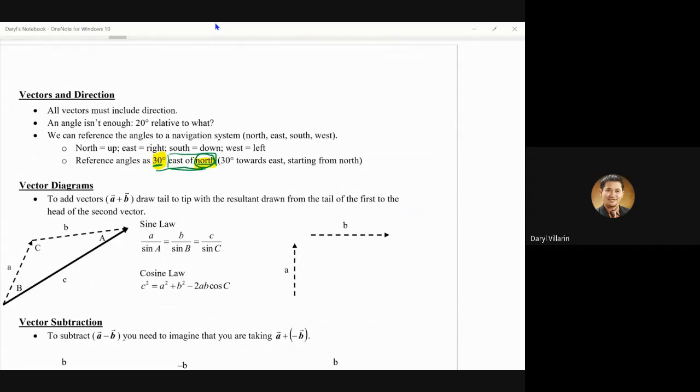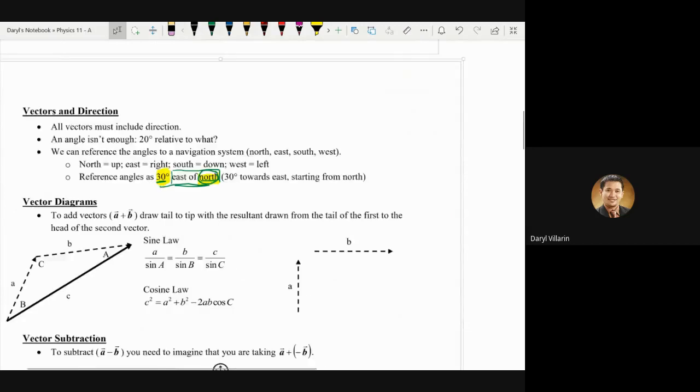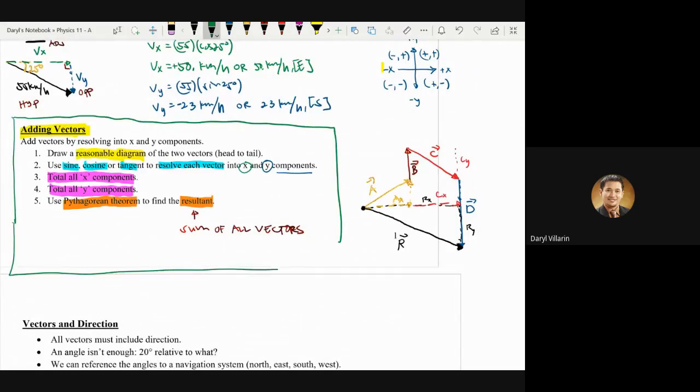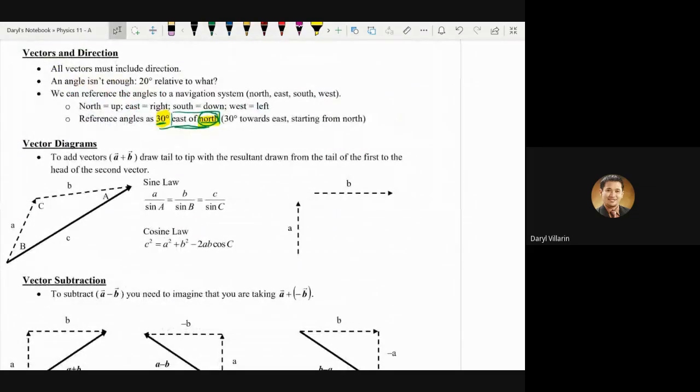Okay, so another way, especially if you only have two vectors, is that you can actually use the sine law and cosine law. Although I would suggest this particular method here to add vectors, because this is the more general way of adding vectors. If you're going to use sine and cosine law, this is only applicable for two vectors.